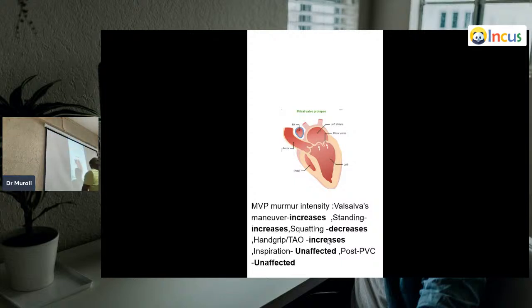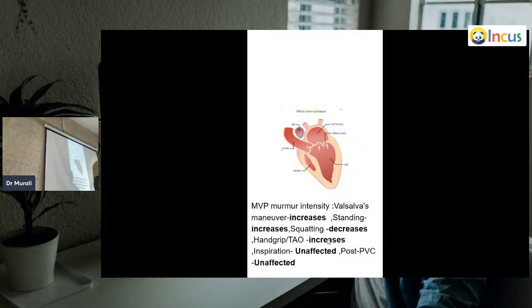Hand grip increases catecholamines, with an effect on afterload. It increases afterload. If increased afterload is there, what happens to the left ventricle? Contractility increases. And will that overcome the HOCM or not? Yes, it overcomes the obstruction, and hence HOCM murmur decreases with hand grip.